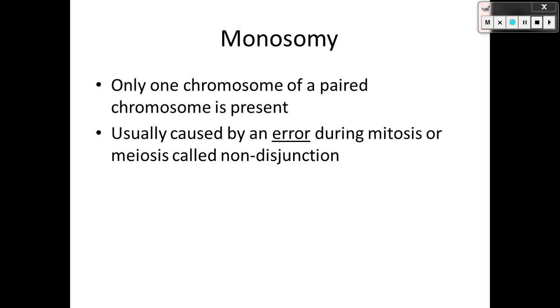Well, we call it a monosomy if one of the pair is missing, because it's down to one; mono means one. People who have a monosomy, instead of having 46 chromosomes, are said to have 45 chromosomes, always one less. And again, this usually occurs because of non-disjunction.